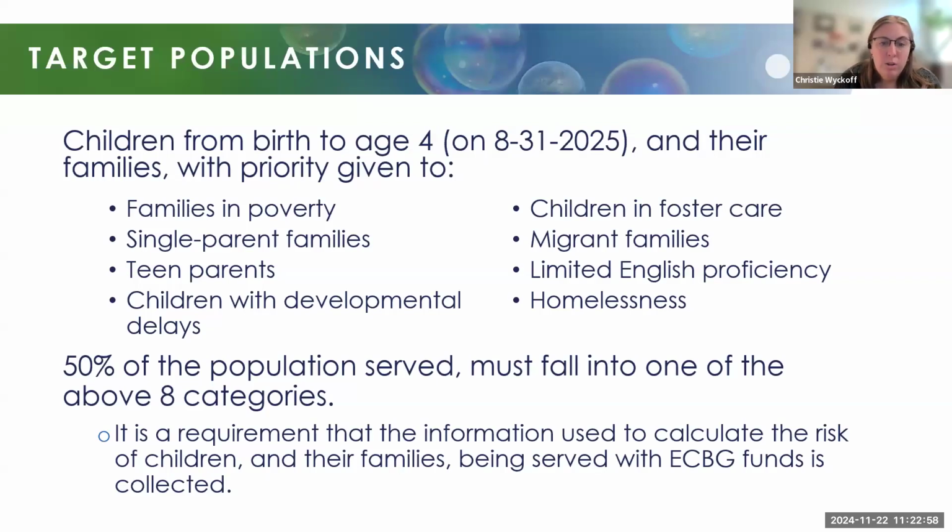And the priority should be given to these 8 bullet points here on this slide. 50% of the population served with ECBG funds must fall into one of the 8 categories here.